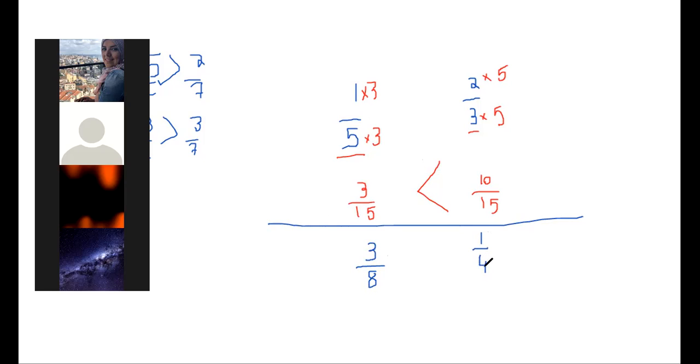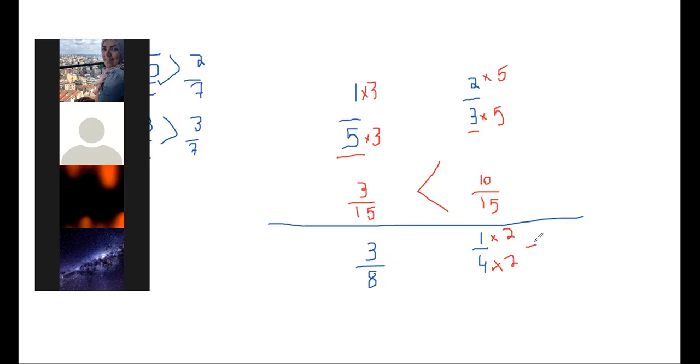Are they the same? No. But can I multiply 8 by something to get 4? No. Can I multiply 4 by something to get 8? Yes. So it's enough to multiply this fraction by 2 only.